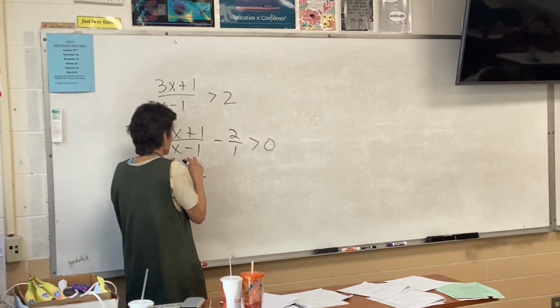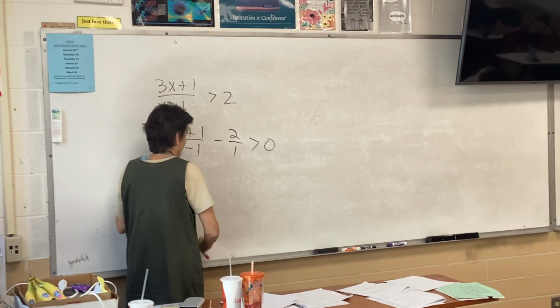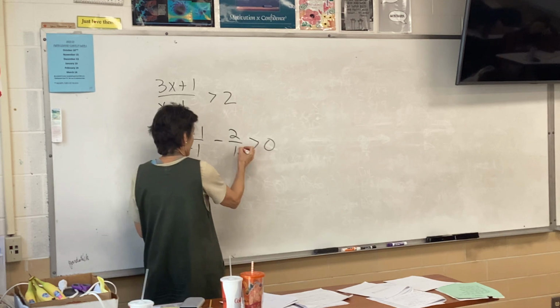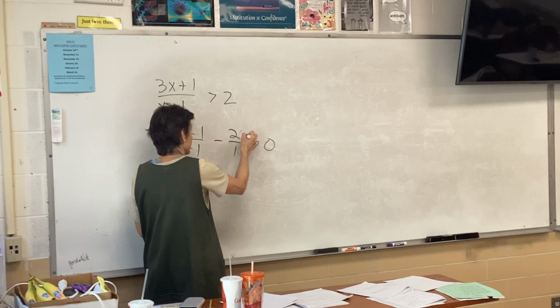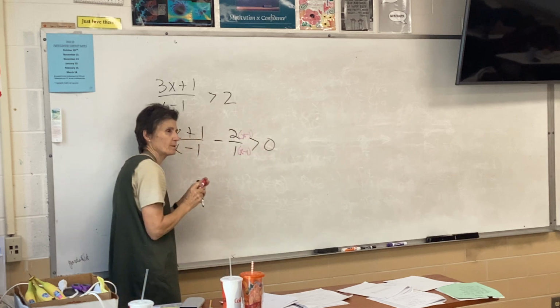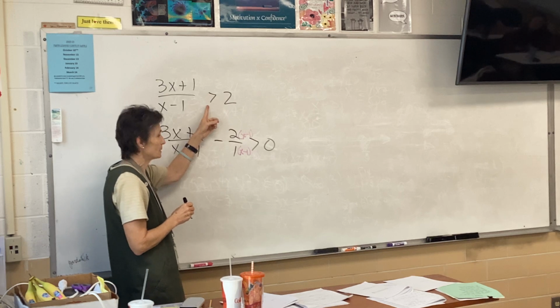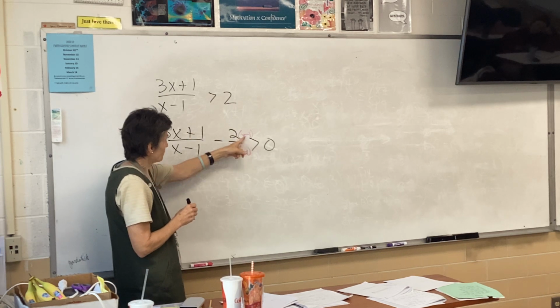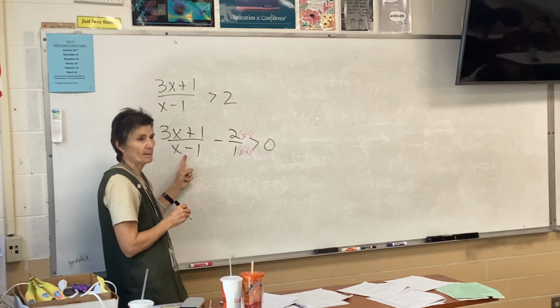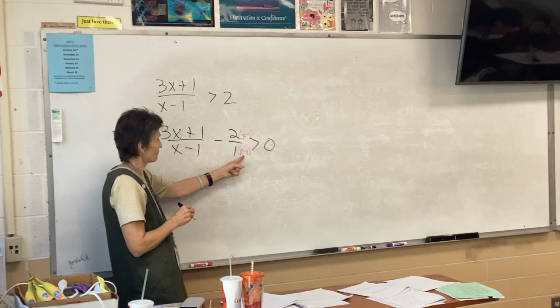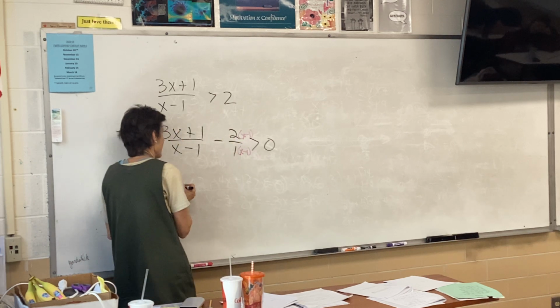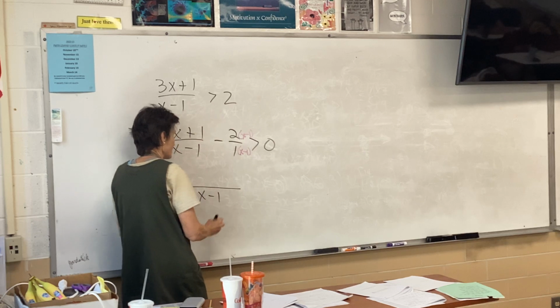So, the denominators will match if I just give this one an x minus 1. And it's always gonna work that way because you're always just gonna be subtracting a number over. So you're just gonna have to multiply the top and the bottom by that denominator. So my common denominator is x minus 1.